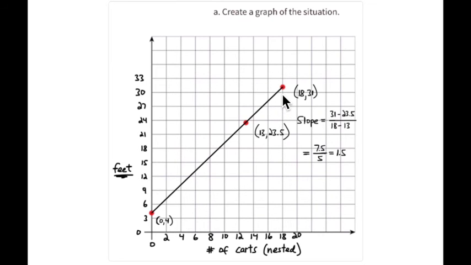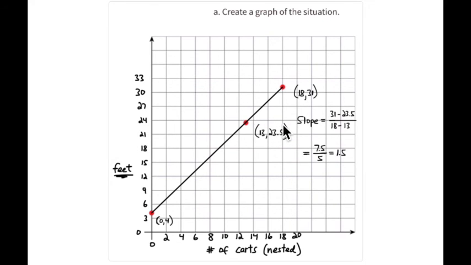So again, you could draw the slope triangle if you want from this point to 18 on the x-axis, and then 18 to 31. So the change along the y-axis is 31 minus 23.5. So how much is this changing along the y-axis? It's changing 7.5 feet. And how much is it changing along the x-axis?